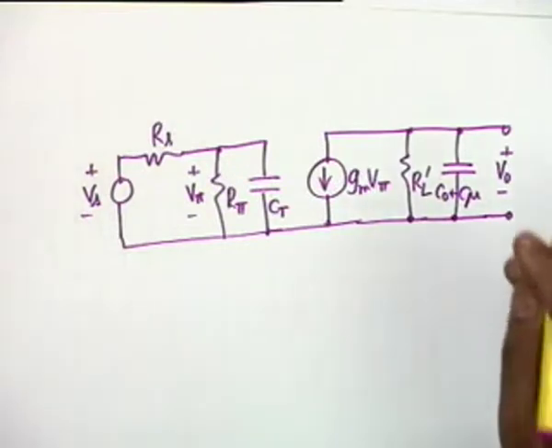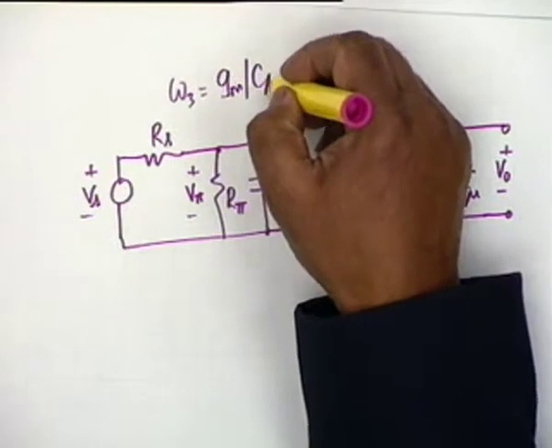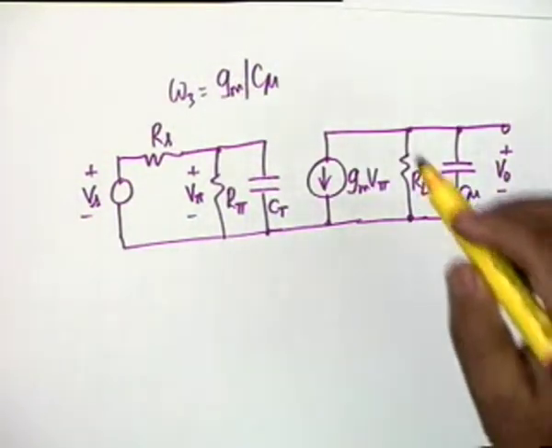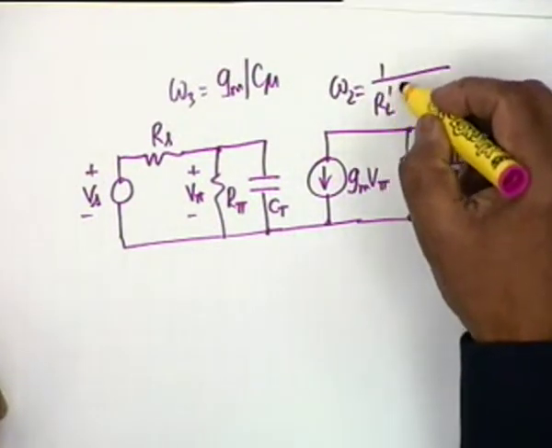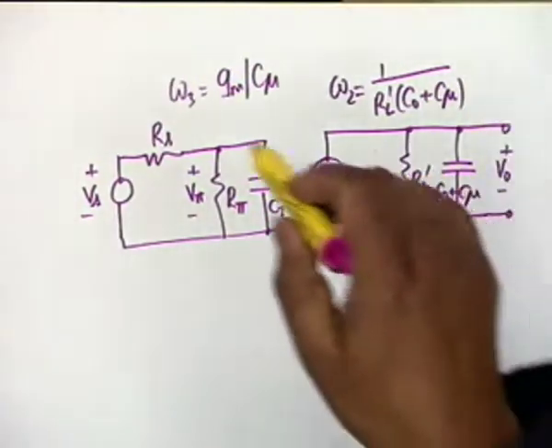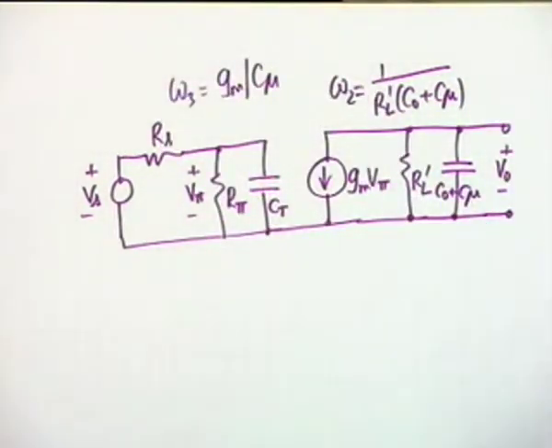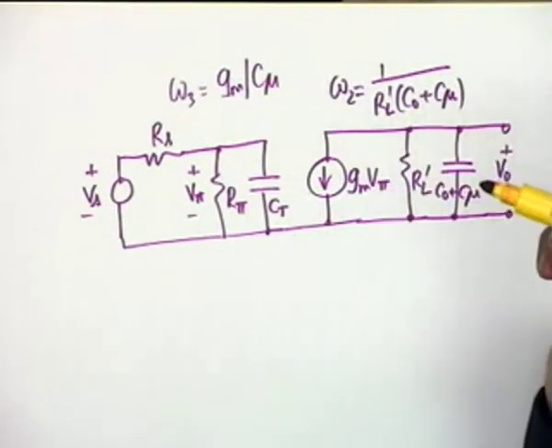I would like to remind you that this simplification of C0 plus C mu on the output side was obtained by ignoring a frequency omega 3 which was equal to gm by C mu. We saw that at frequencies around omega 2, which is 1 by RL prime (C0 plus C mu), the effect of omega 3 is negligible, and therefore omega 2 was the cutoff frequency of this output circuit.